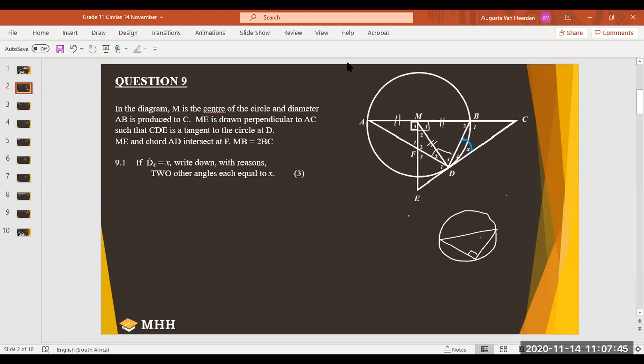So M is the center of the circle and I have a diameter. Then it says ME is drawn perpendicular to AC, such that CDE is a tangent to the circle at D. Clearly, if you do see circles, don't panic.